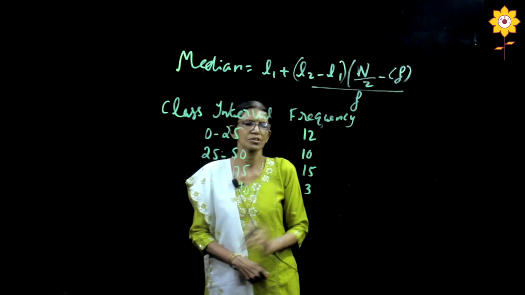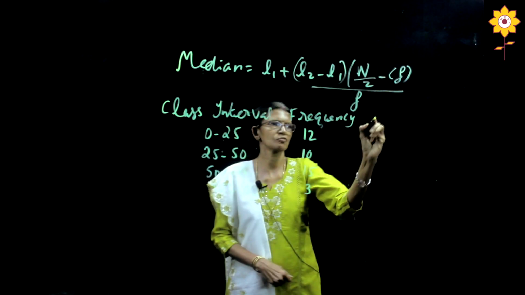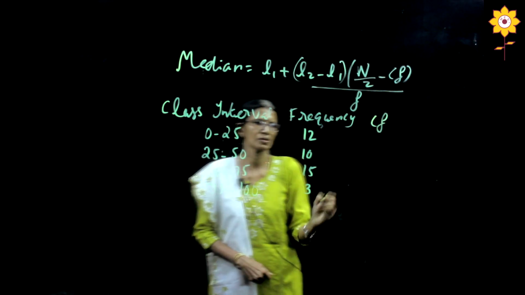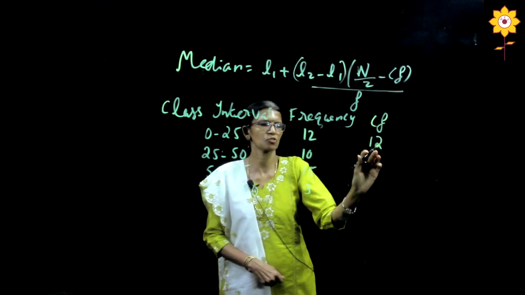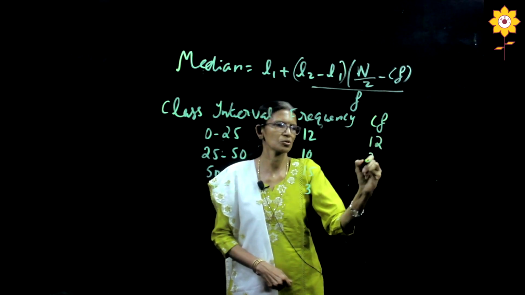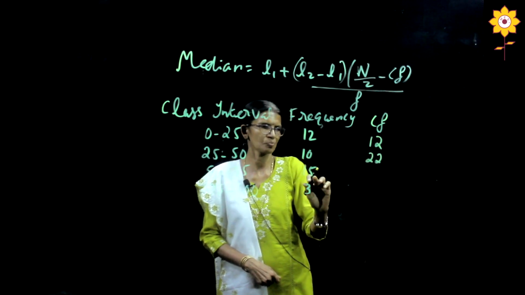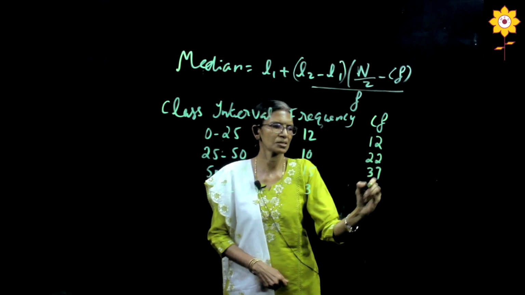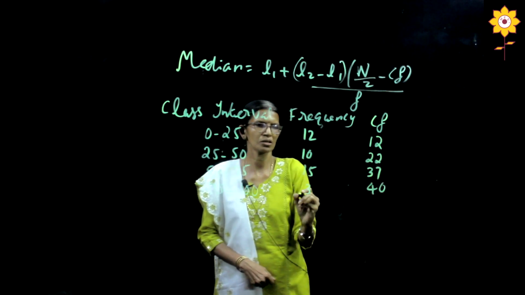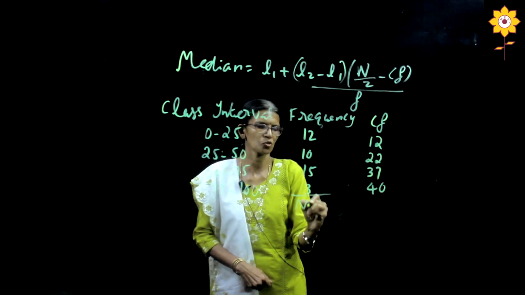For this, first you have to find the cumulative frequency, that is CF. Then cumulative frequency we can find by using like this. First is 12, then 12 plus 10, 22, then 22 plus 15, that is 37, then 37 plus 3, that is 40. Now here total frequency also 40.